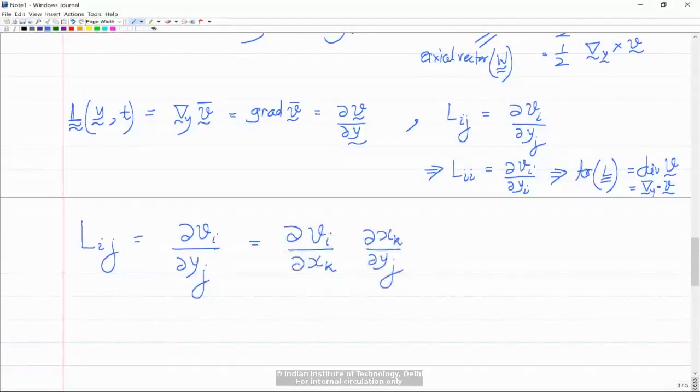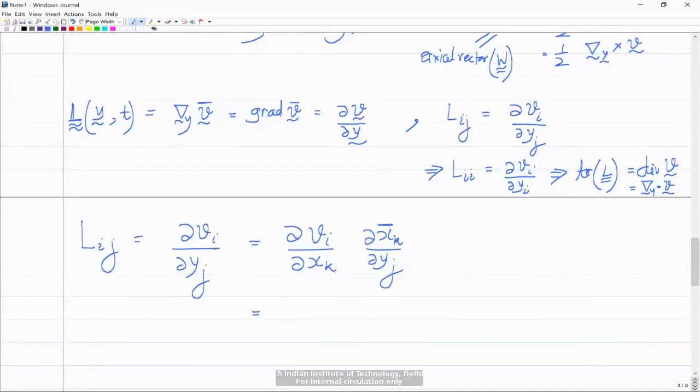Simple chain rule. And of course, this xk is the xk bar, the inverse map. Anybody, can you tell me what I should do next? I want to write things in terms of deformation gradient.